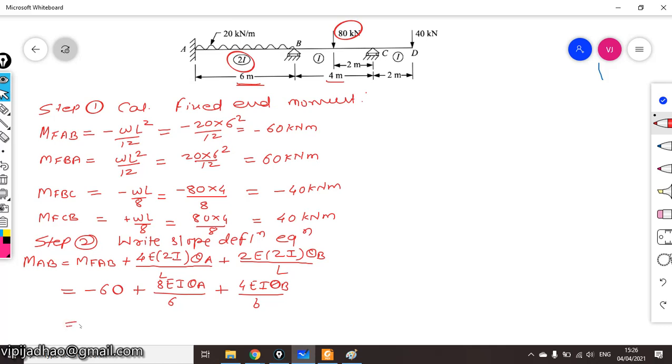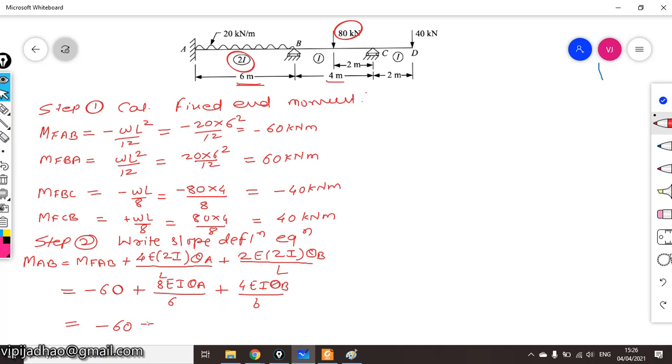So this will be equal to minus 60. Here theta A will be 0 because this particular support A is a fixed support. Therefore this particular term 8EI theta A upon 6 will be 0.